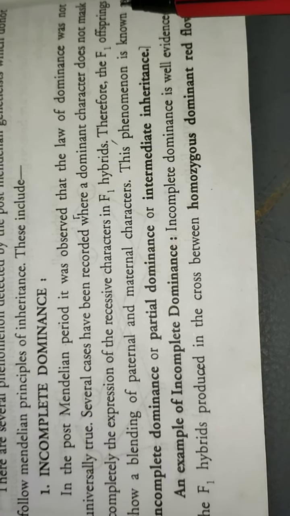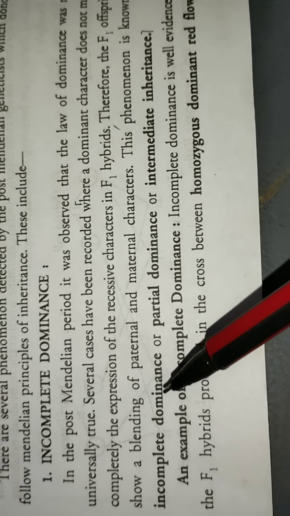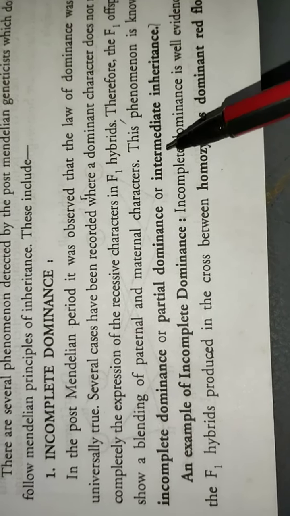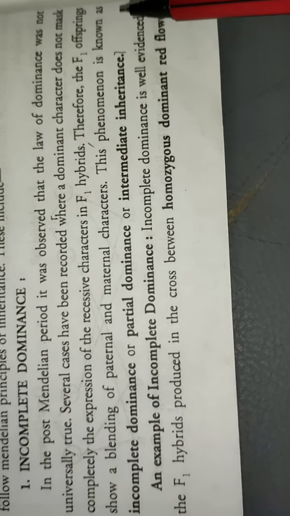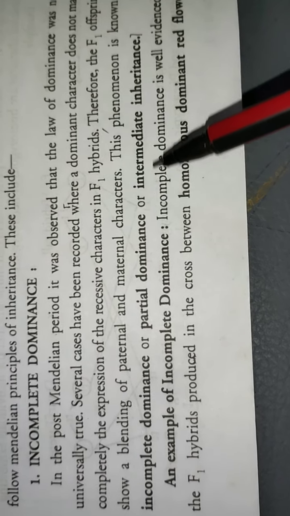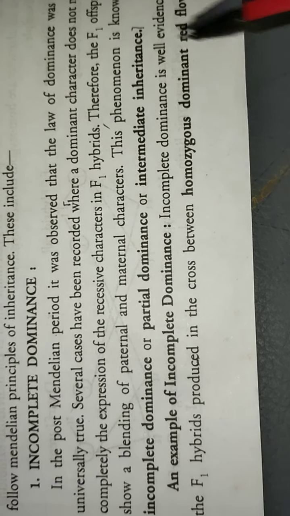Therefore, the F1 offsprings show a blending of paternal and maternal characters. This phenomenon is known as incomplete dominance or partial dominance or intermediate inheritance.